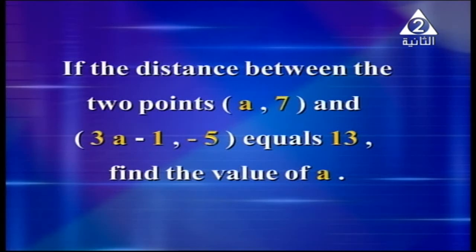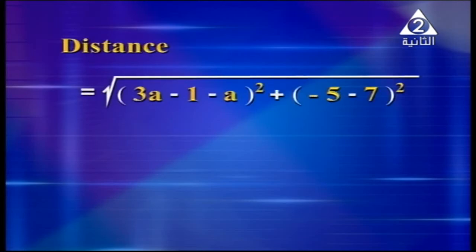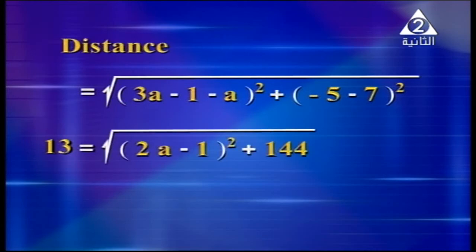Yes, you know the distance between the points, so try to find the rule of the distance, which is equal to the square root of (3a minus 1 minus a) all to the power of 2 plus (negative 5 minus 7) all to the power of 2. And this is going to equal 13, as the distance between the two points equals 13. Collecting like terms, it is the square root of (2a minus 1) all to the power of 2 plus 144.